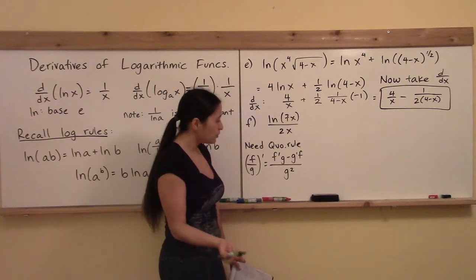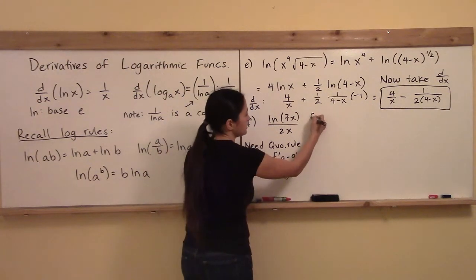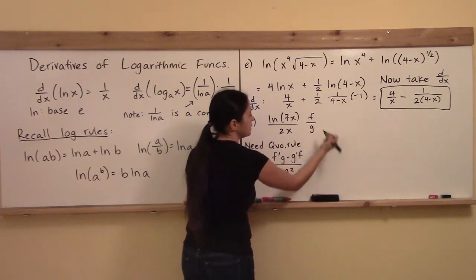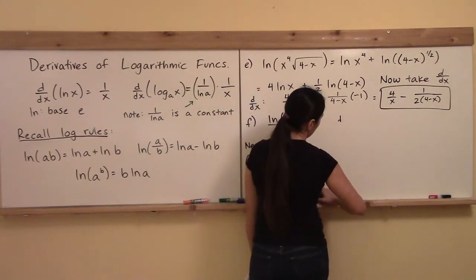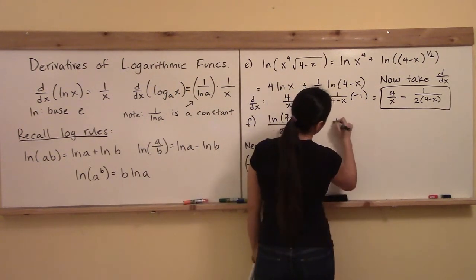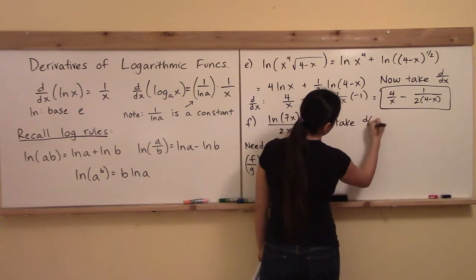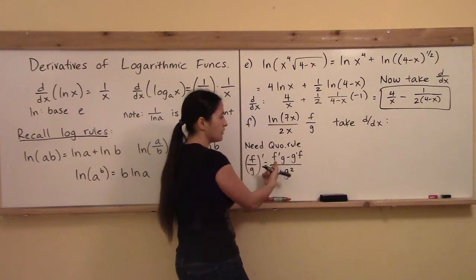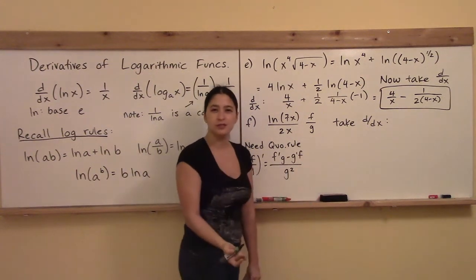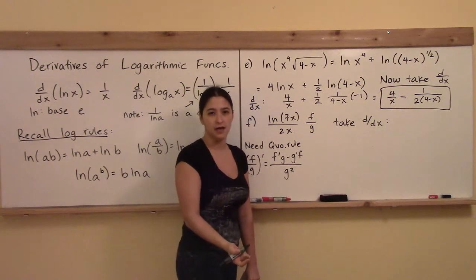Okay, so we needed the quotient rule here, and so we're going to see the top as f and the bottom as g. And then we're going to go ahead and take the d dx. So we're going to take the derivative. And it says the derivative of the top function. Okay, so what's the derivative of log of 7x?